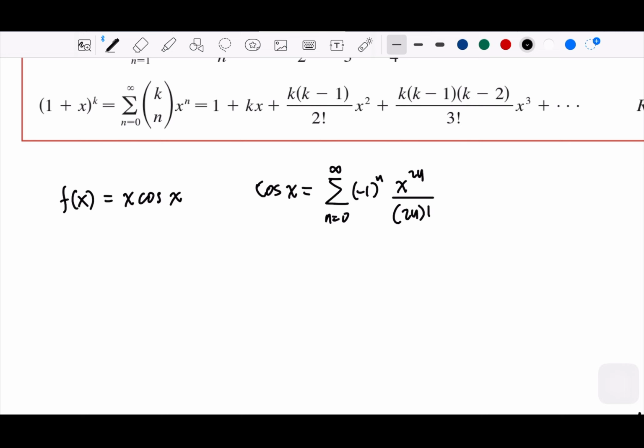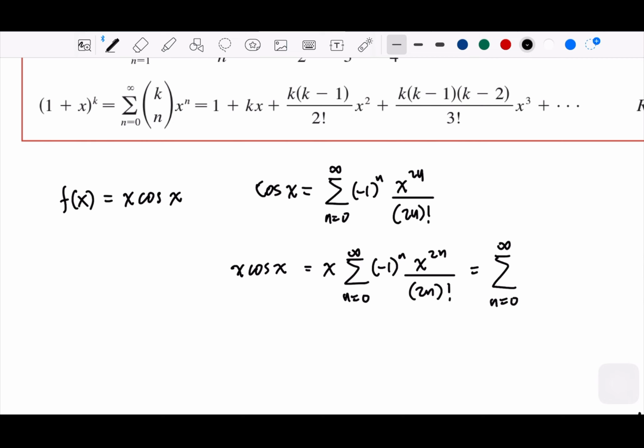An even number factorial. So the x then becomes, we are just going to multiply the sum. So we can take this and write the sum. This is -1 to the n, x to the 2n plus 1, over 2n factorial, right?